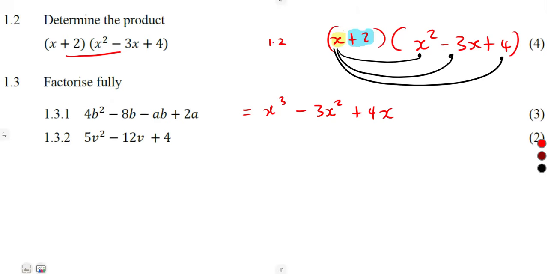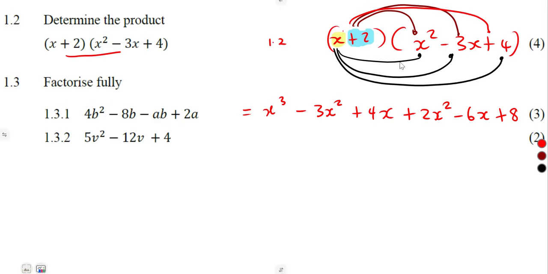Then we do this for positive 2 as well. Positive 2 times x squared, that will be 2x squared. Positive 2 times negative 3, positive times negative is a negative, 2 times 3, that's 6x. And positive 2 times positive 4, positive times positive is a positive, then 2 times 4 is 8.